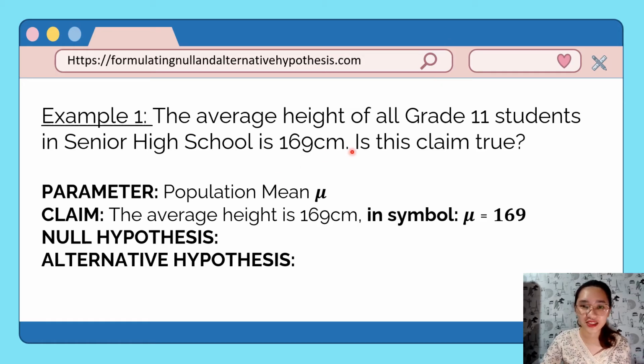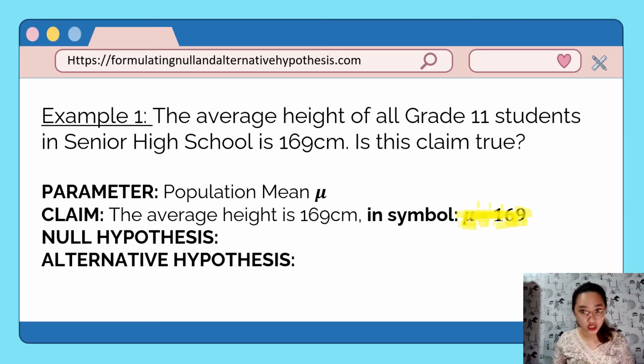So, next, siyempre, identify natin yung claim. So, ang claim po natin dito ay yung average height daw po is 169. So, or in symbol, that is population mean symbol is equal to 169. So, kung mapapansin ninyo yung ating claim, it is already considered as our null hypothesis.